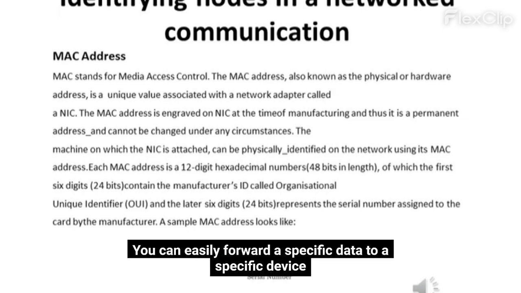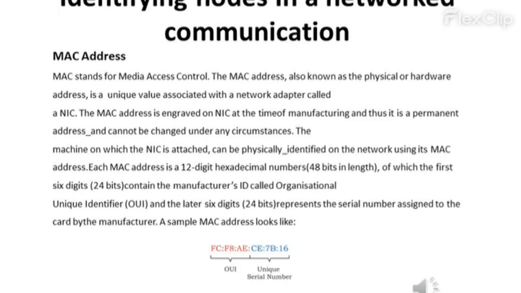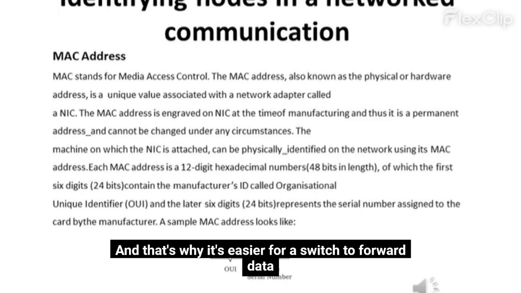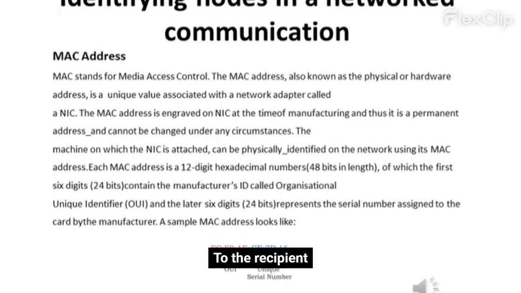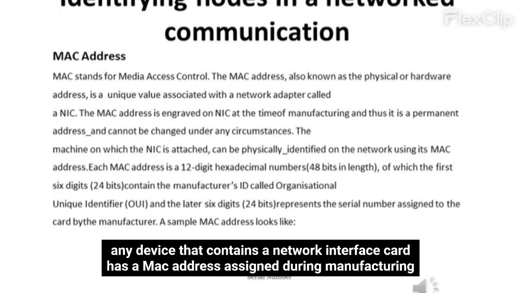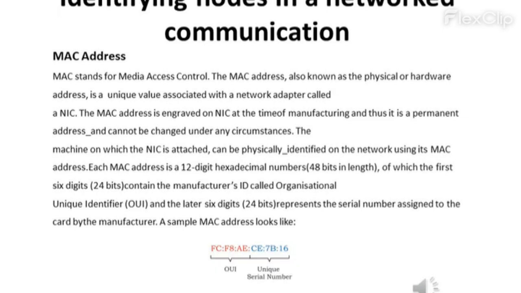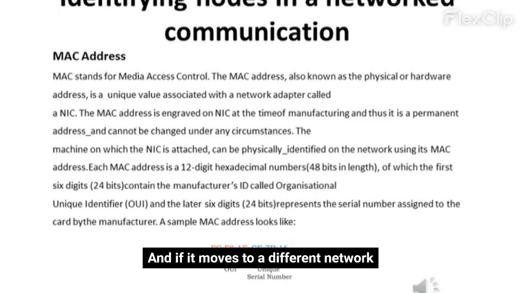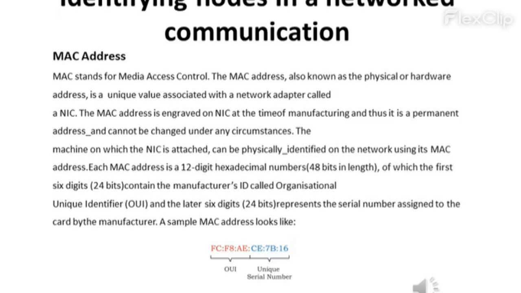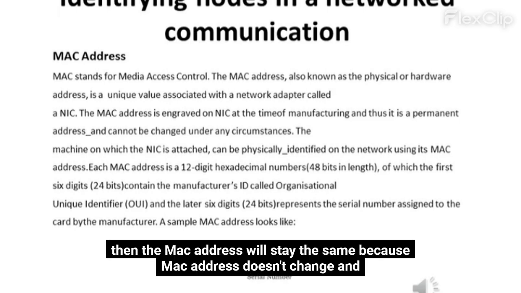You can easily forward specific data to a specific device, and that's why it's easier for a switch to forward data to the recipient. In most cases, any device that contains a network interface card has a MAC address assigned during manufacturing. That is why a device connecting to a local area network already has a MAC address, and if it moves to a different network, the MAC address will stay the same because a MAC address doesn't change.